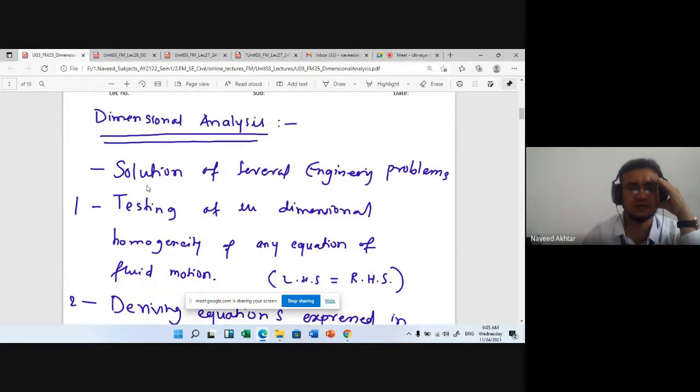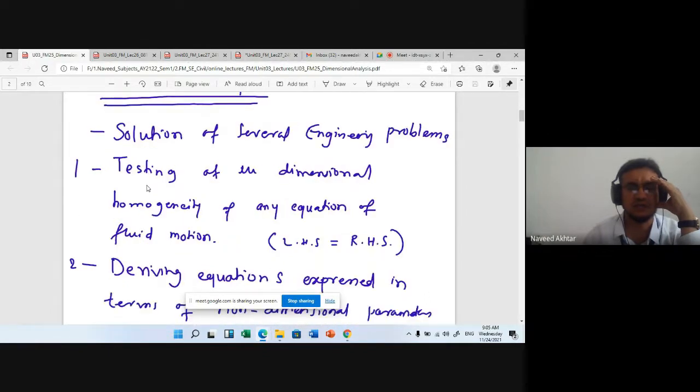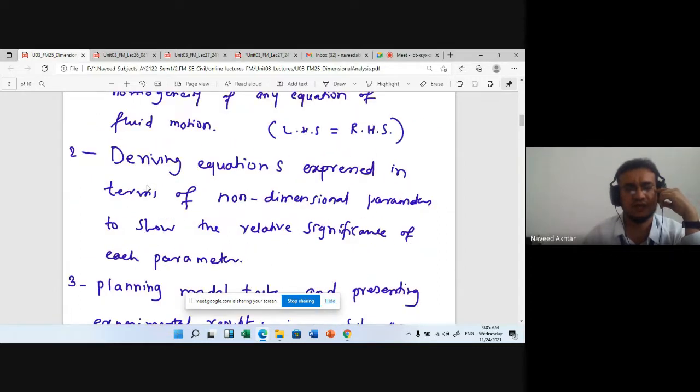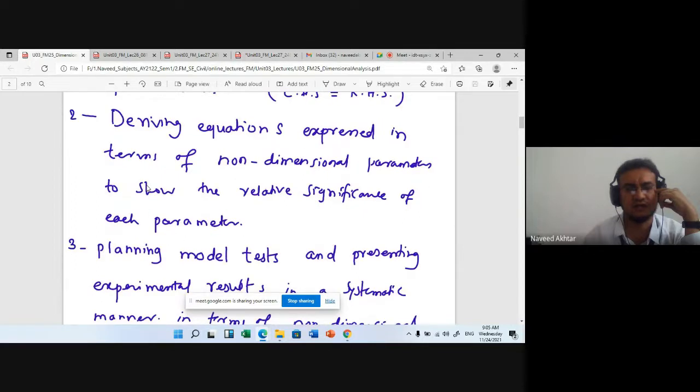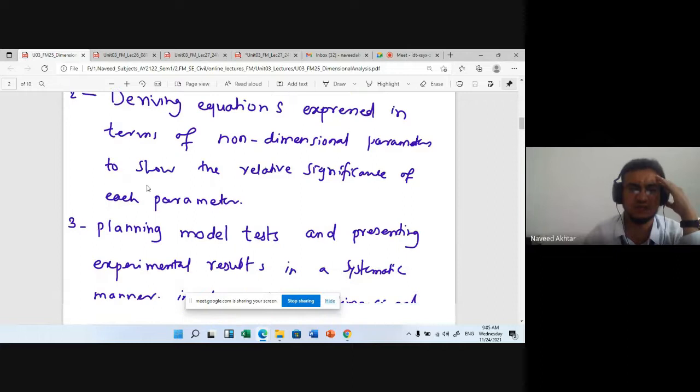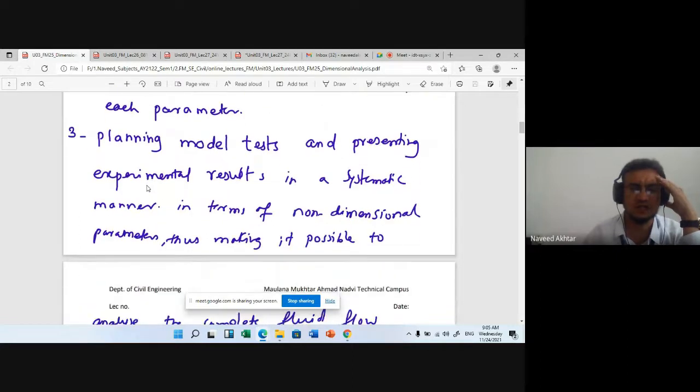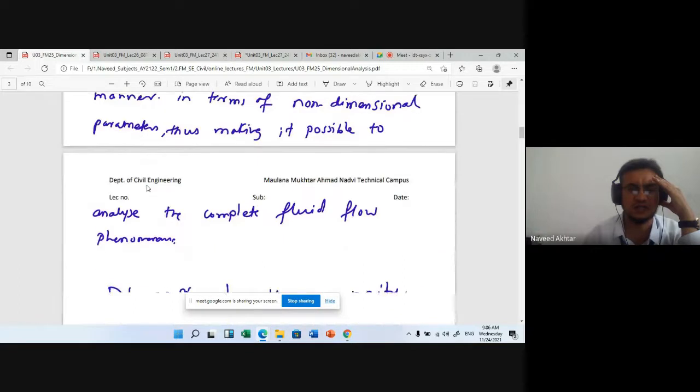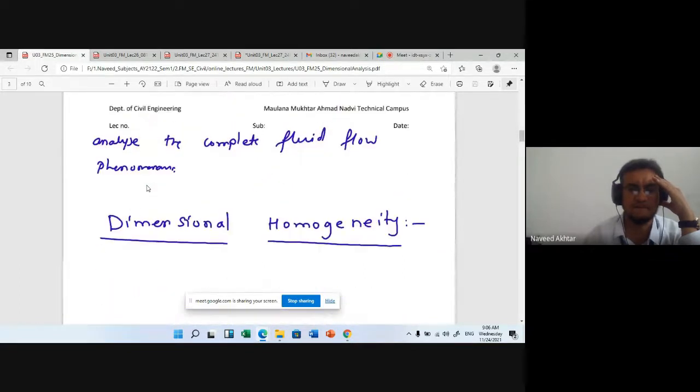We have discussed the solution to several engineering problems, the testing of the dimensional homogeneity of equations of fluid motion, deriving equations expressed in terms of non-dimensional parameters to show the relative significance of each parameter, planning model tests, and presenting experimental results in a systematic manner in terms of non-dimensional parameters, thus making it possible to analyze the complete fluid flow phenomena.